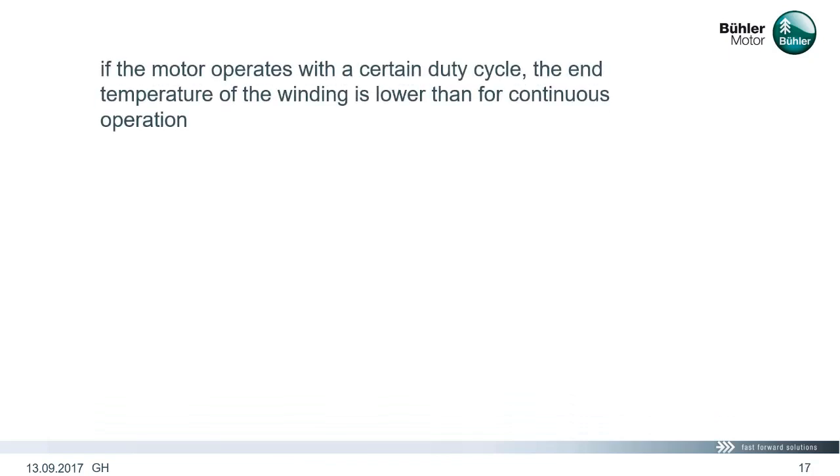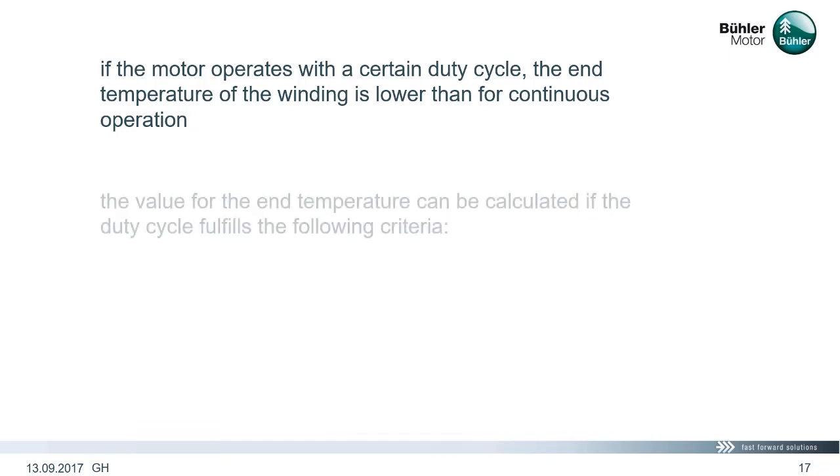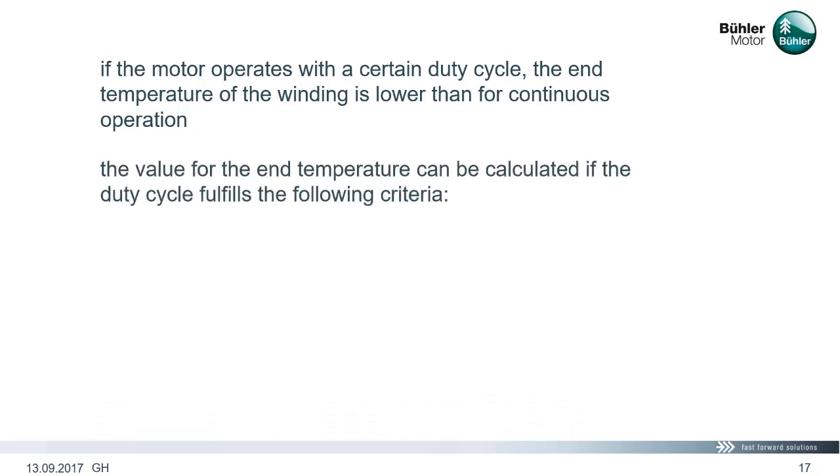With the formulas shown so far, we assumed a continuous operation of the motor for basically infinite time. If the motor operates with a certain duty cycle, the end temperature of the winding is lower than for continuous operation.